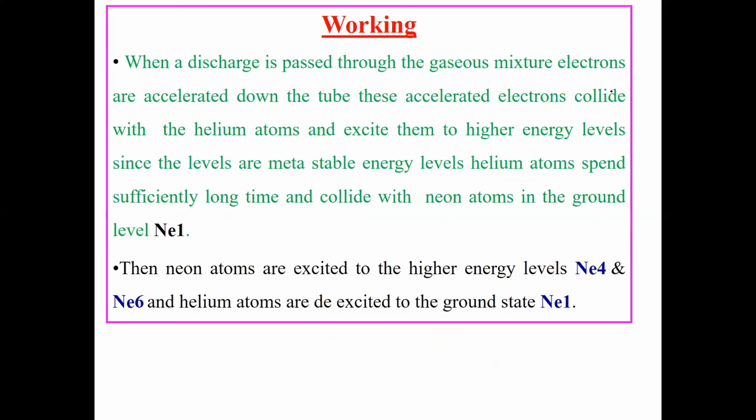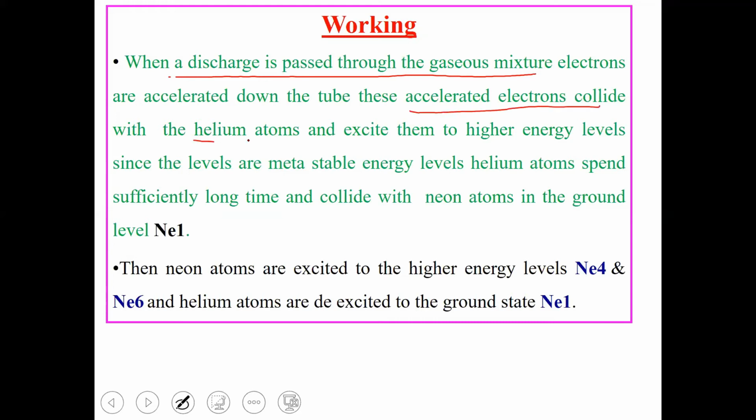Next, how it is working. An electrical discharge is passed through the gas mixture, so accelerated electrons are generated. These accelerated electrons collide with the helium atoms. Electrical discharge means high energetic electrons move from one electrode to the other electrode.